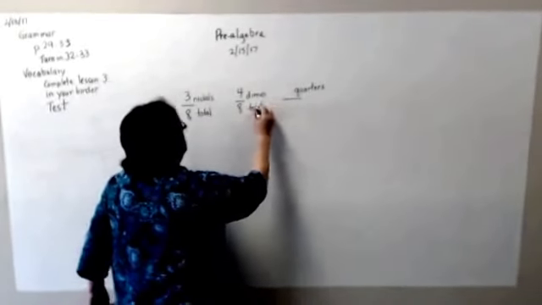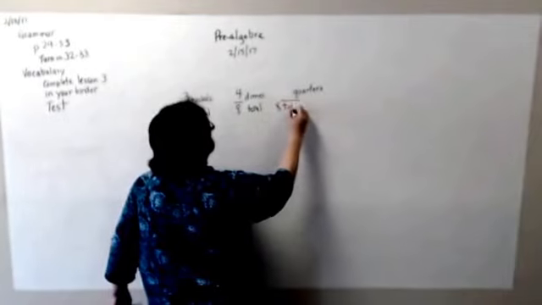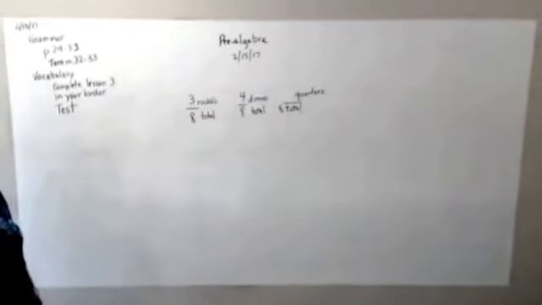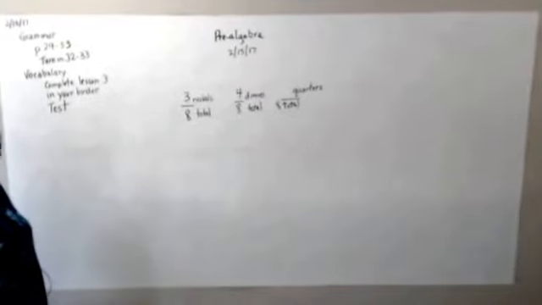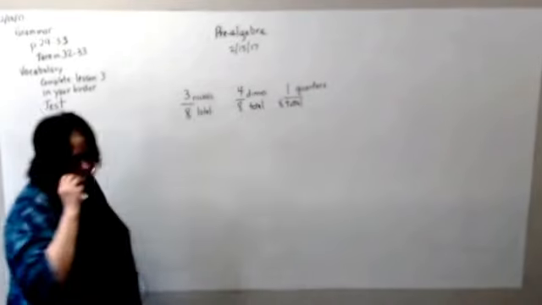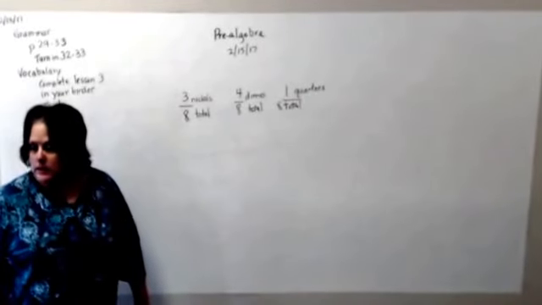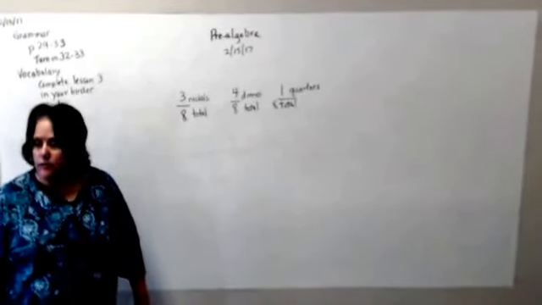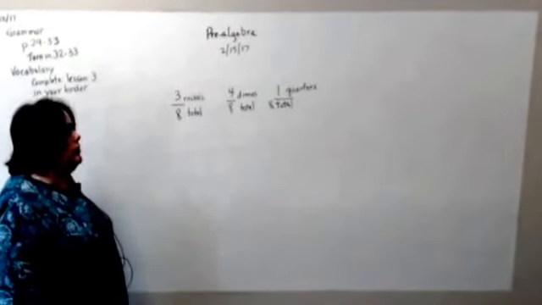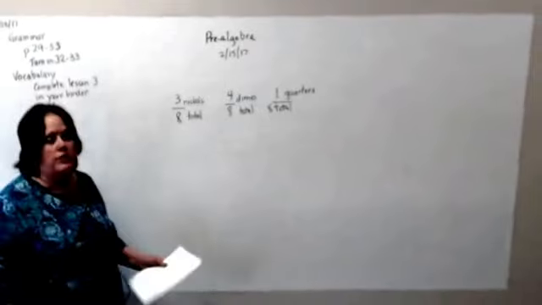Total. Now we know that this is also going to be 8 total, right? So how many are quarters, Ronnie? 1. Because I already have 7, so there's only 1 more left out of 8. Does that make sense, Kimberly? Very good. Now we have 3 nickels to 8 total, 4 dimes to 8 total, 1 quarter to 8 total.